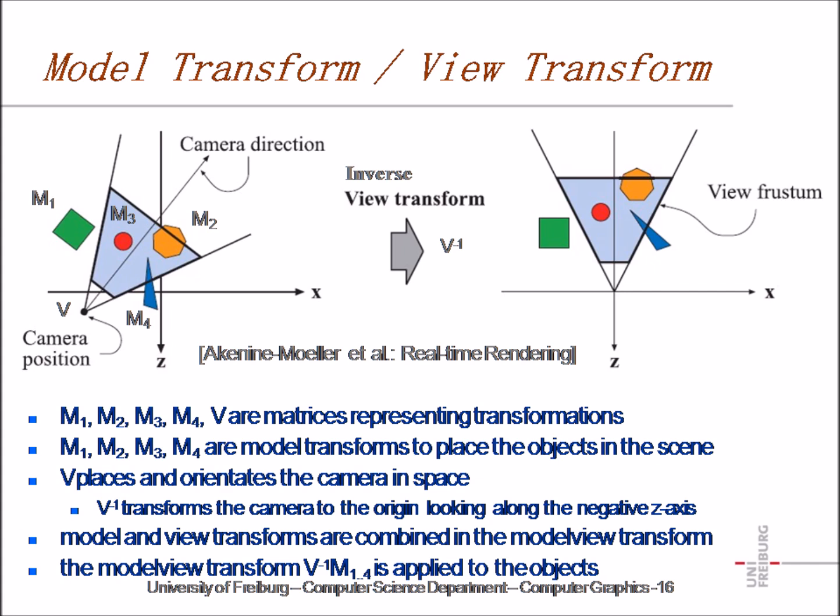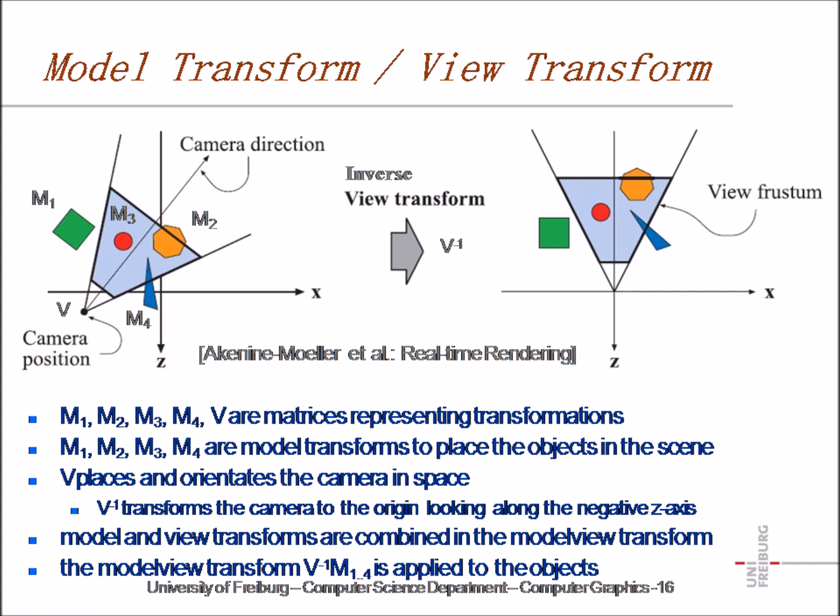Also you are viewing different transformations: M1 for the green object, M2 for the orange object, M3 for the red object, M4 for the blue object. All these M1, M2, M3 and M4 represent the transformations of these objects.